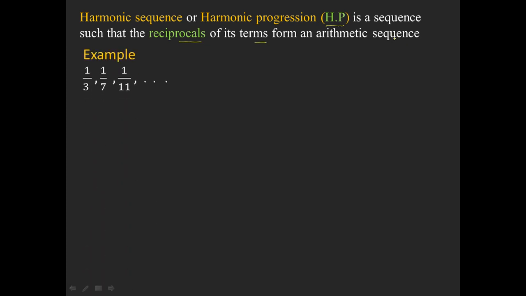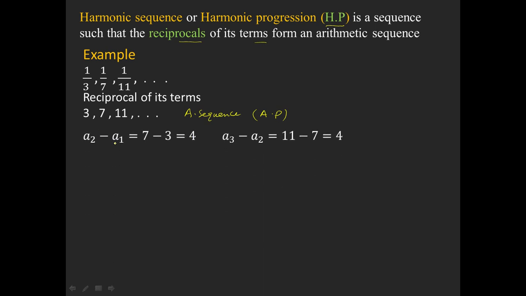For example, this is the given harmonic sequence. If we take the reciprocal, then this is an arithmetic sequence or arithmetic progression, because if we subtract the first term from the second term, we are getting 4, and if we subtract the second term from the third term, we are again getting 4.